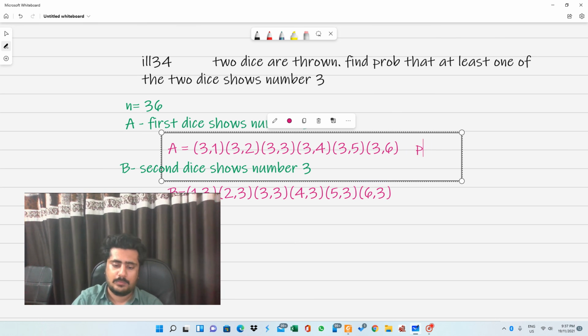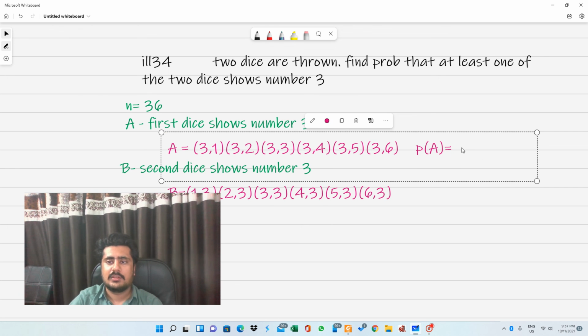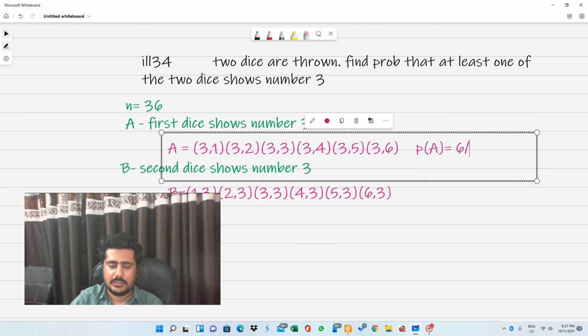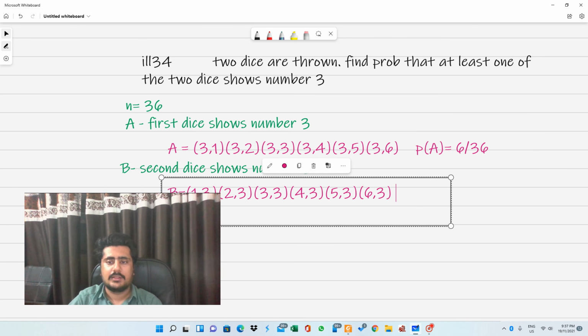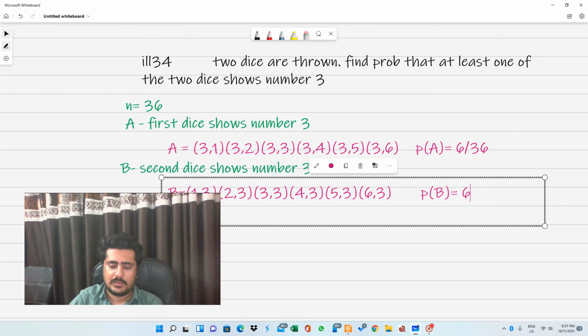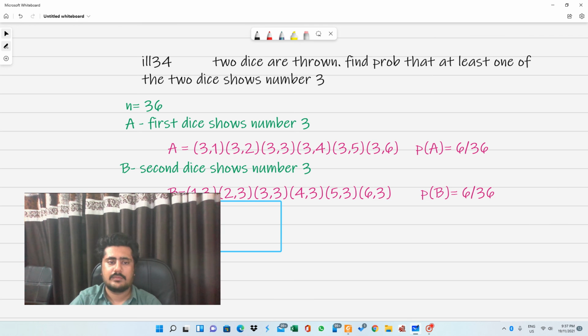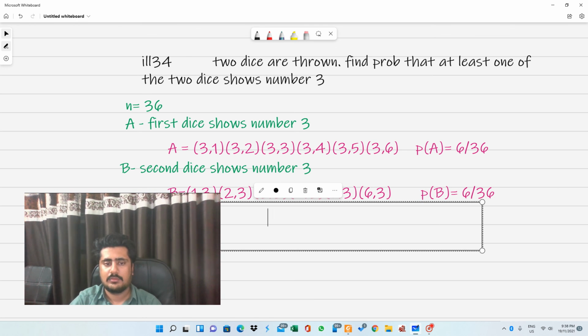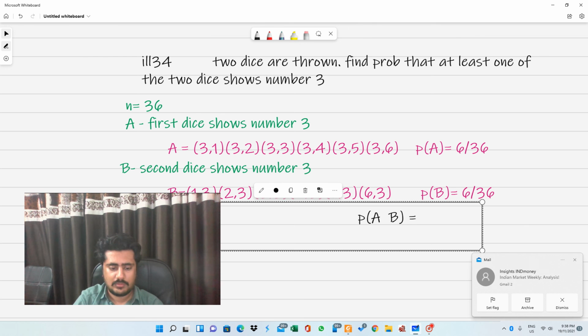P of A is 6 by 36. As you know, total possibility is 36. P of B is again 6 by 36. And this intersection is 1 by 36.